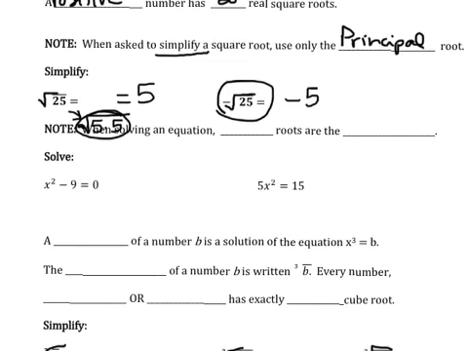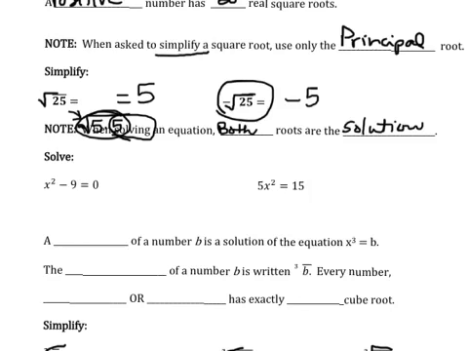Now, when solving an equation, solving is different from simplifying. You have an equation that you can solve. You're looking for a value for x. Both roots, not just the principal root, are the solution. Now let's look at this first equation, x squared minus 9.